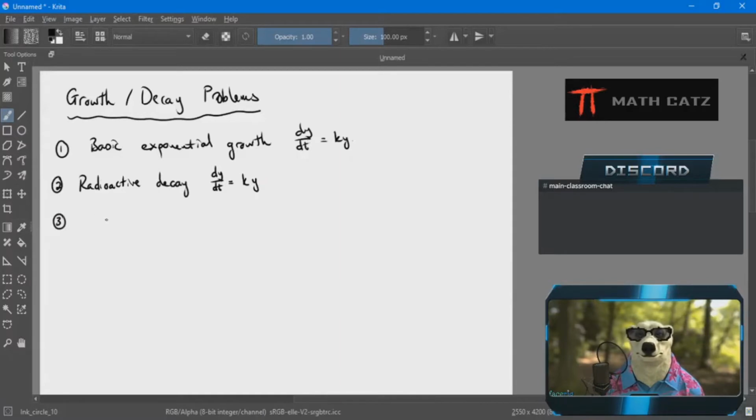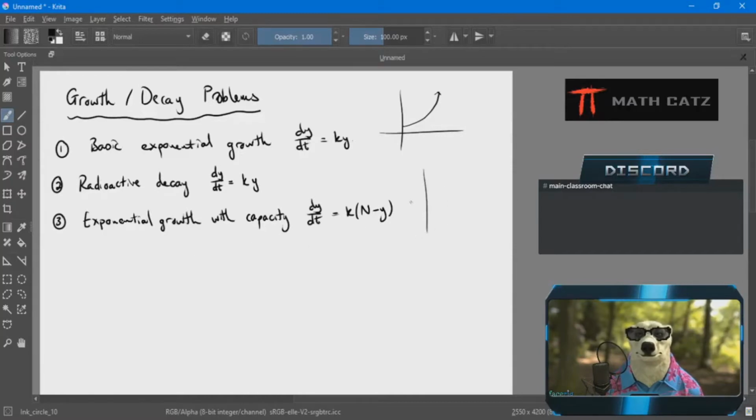Then we said, well, our basic exponential growth is fine up to a point where it then becomes a little unrealistic due to space limitations. So we changed the differential equation and looked at exponential growth with some sort of capacity built in, where the growth rate was now proportional to the difference between the capacity and the population size.